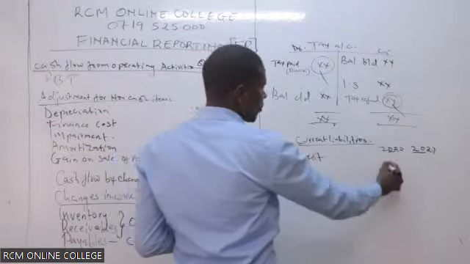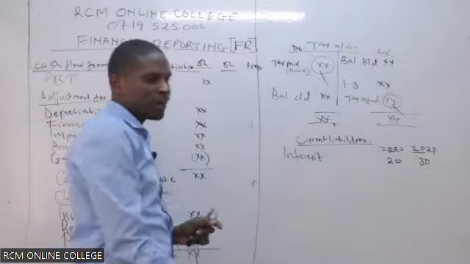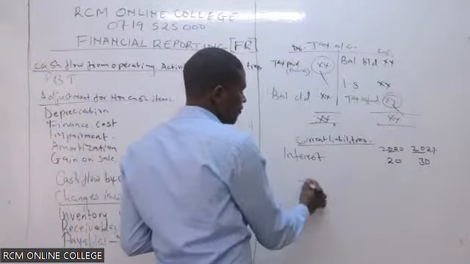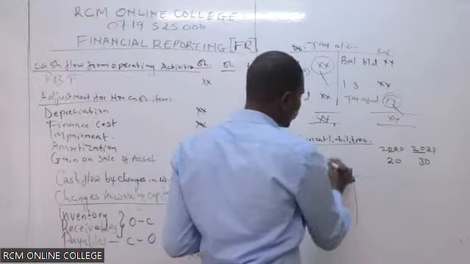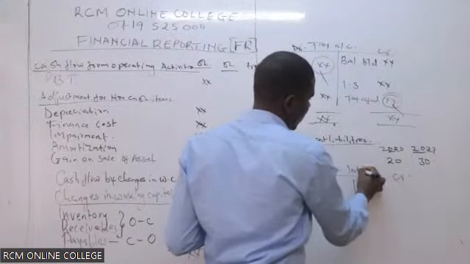See? So umepewa maybe interest hapa 20, hapa ni 30. Naona? Alafu kwa income statement umeambiwa finance cost ni ngapi? Maybe ni 50. You have to come and adjust this so that you get the actual. This is debit, this is credit. This is an interest account.